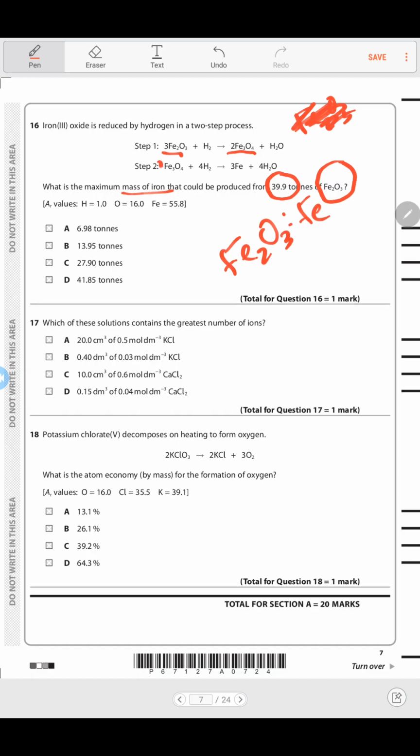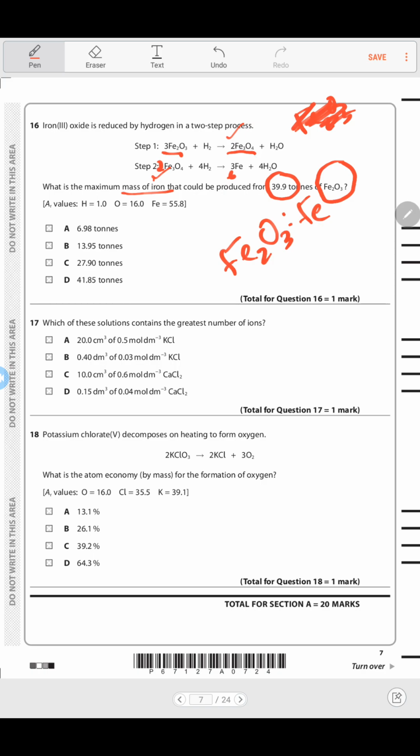If I make it 2 here, I can make 6 Fe, so I just multiply by 2. I multiply by 2 so that step 1 and step 2 have an equal amount of Fe3O4, here also 2, here also 2. Then I can link these equations.